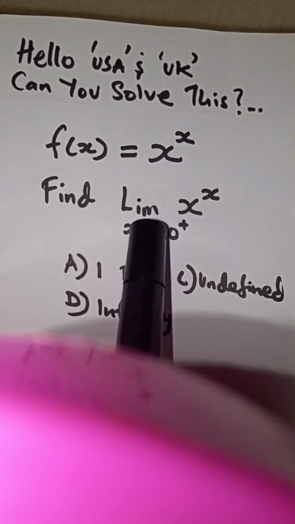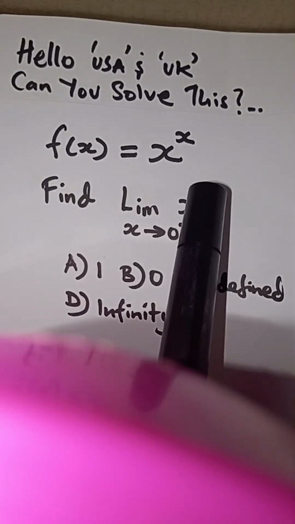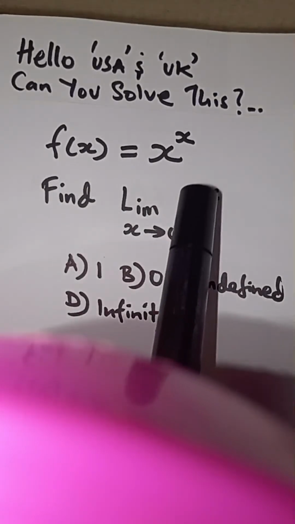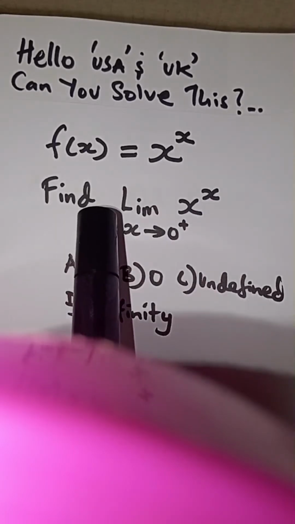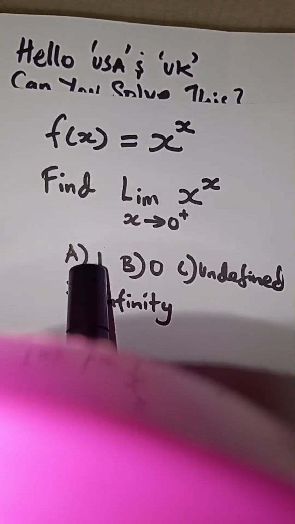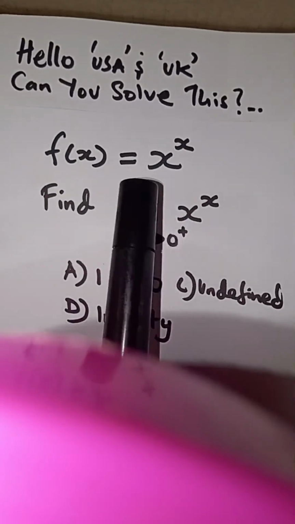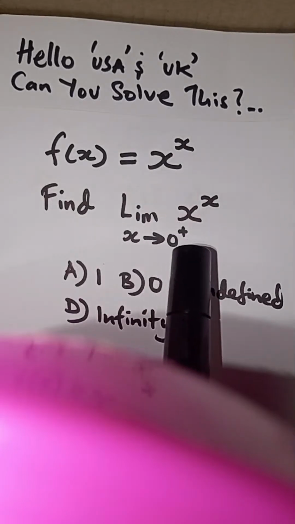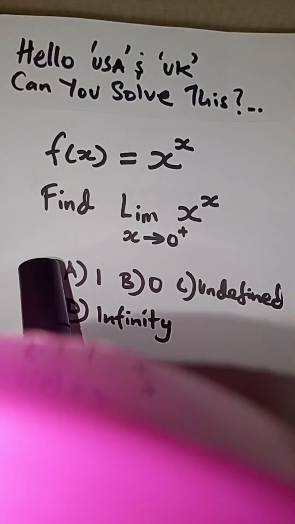So when you take 0 raised to power 0, the possible outputs can either be A is 1, B is 0, C is undefined, or infinity.